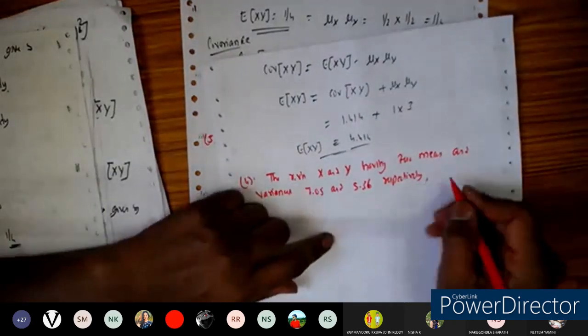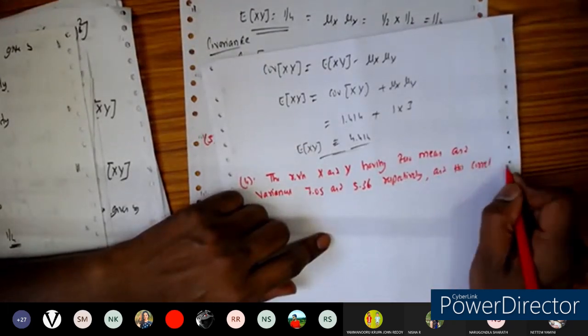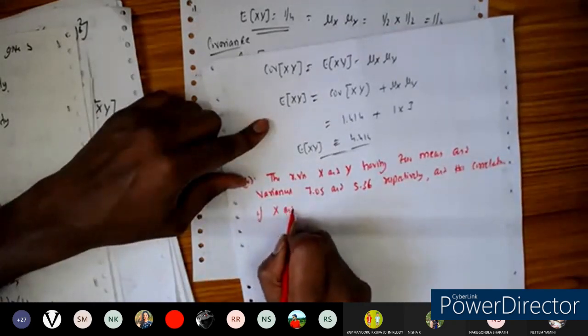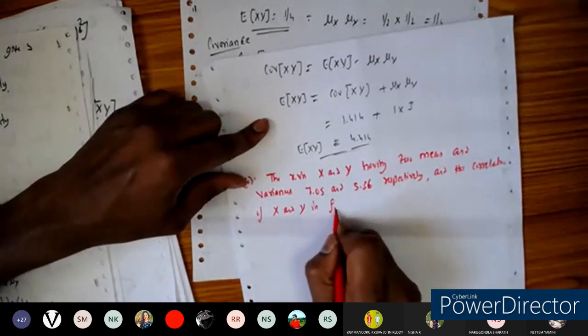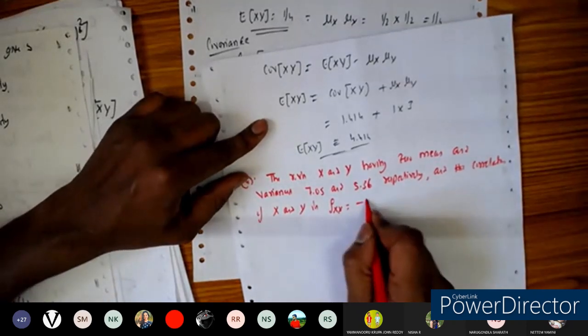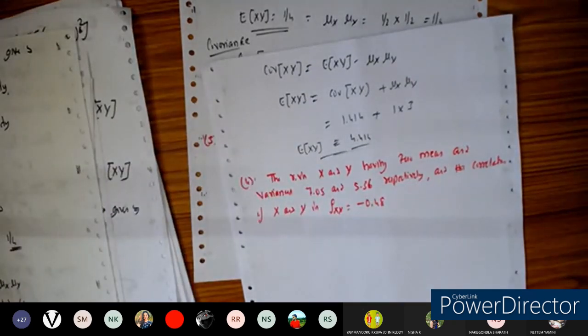And the correlation of X and Y, rho XY, is equal to minus 0.48.